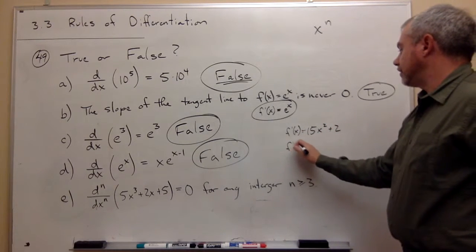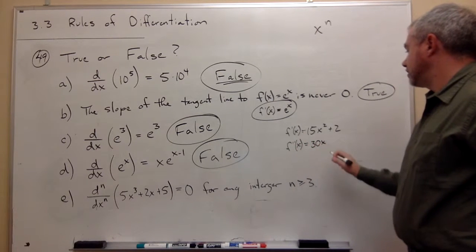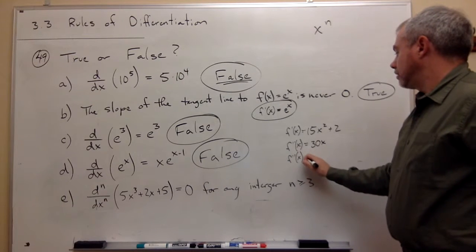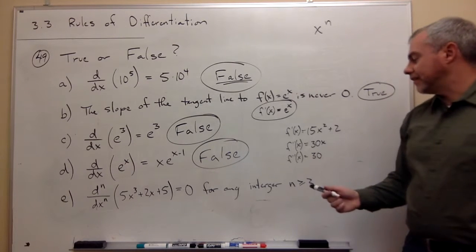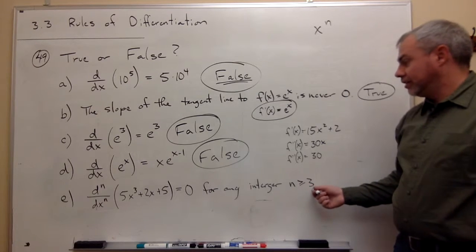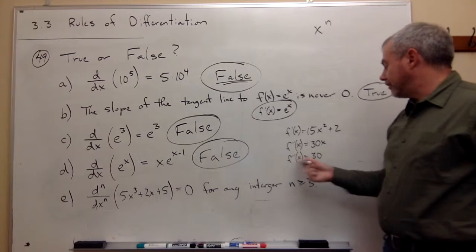The second derivative is 30x. The third derivative is equal to 30. Now wait a second. This says that for any integer bigger than or equal to 3, the third derivative then would have to be 0. But the third derivative is 30.